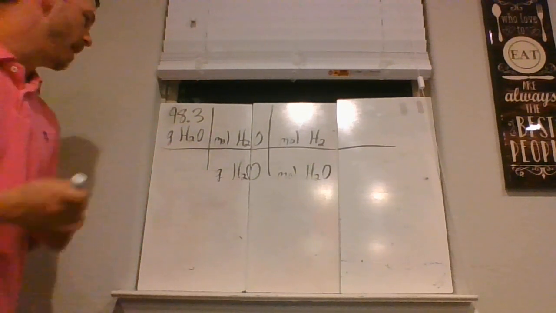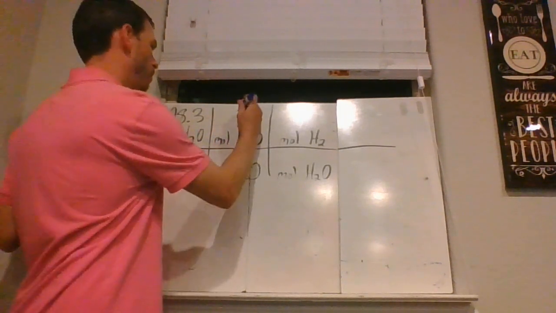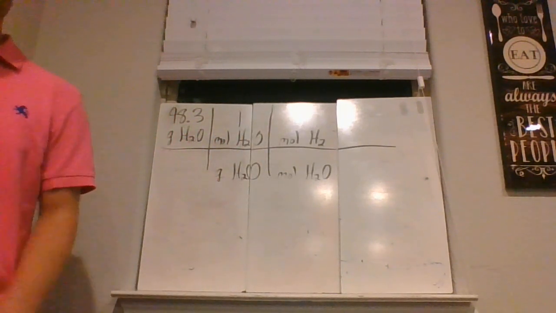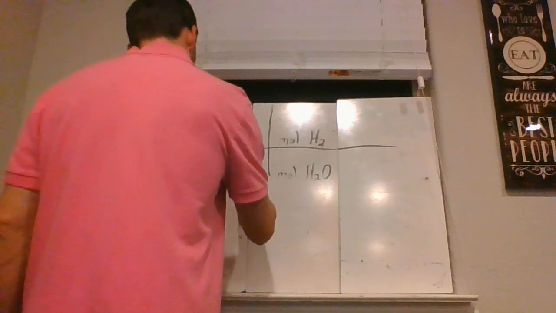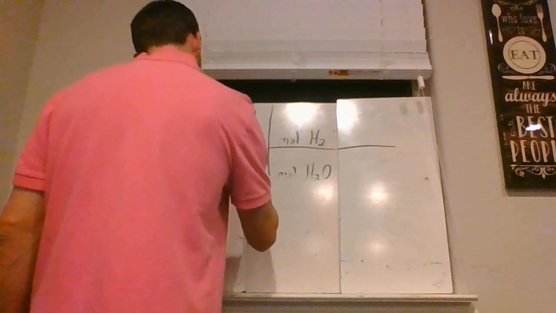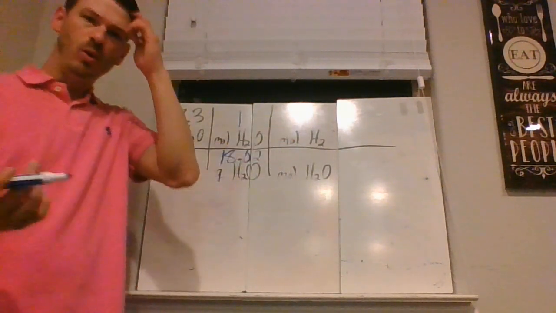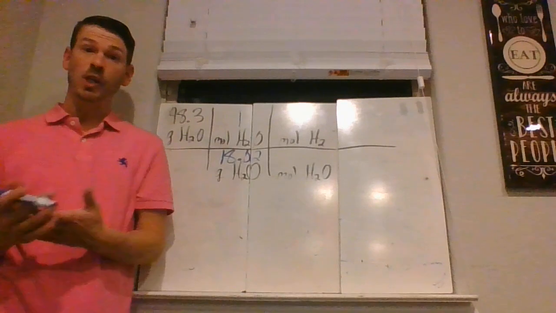So now we can put in our values. We've got moles over grams here. We know for every 1 mole of water, from the periodic table, H2O is going to be 18.02 will be the mass there. And then here, when moles is over moles, it's always my mole ratio from the equation.